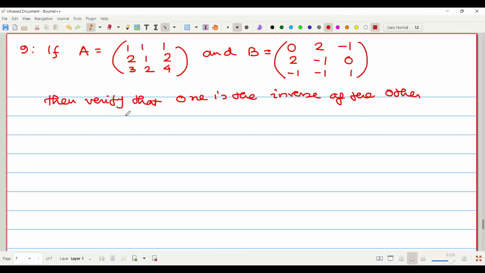So we can find the inverse of A or B, and that should be the inverse of the other.